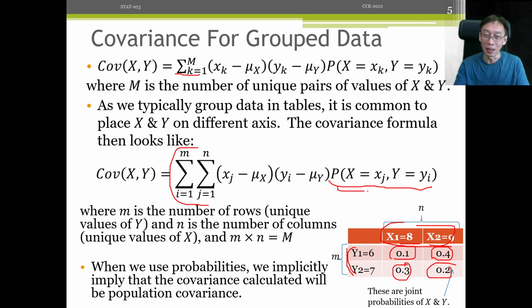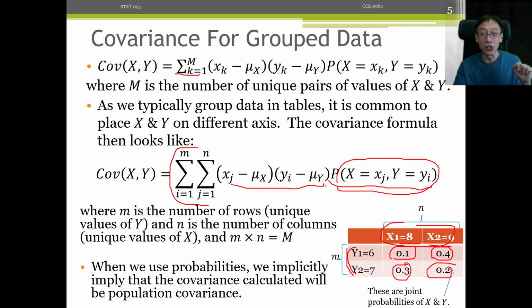So that's handled by this joint probability here. So we see the very core feature of covariance, right? The deviation from X mean and deviation from Y mean, and then multiply the two deviations together, then times the frequency of occurrence, the probability itself.